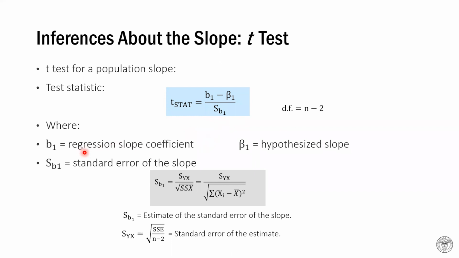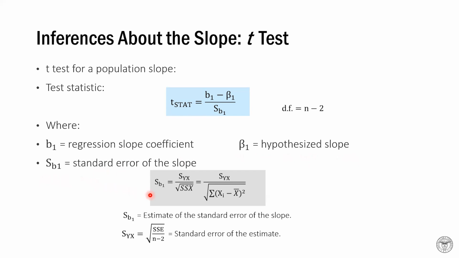Well, b sub 1 is the regression slope coefficient. Beta sub 1 is the hypothesized slope.